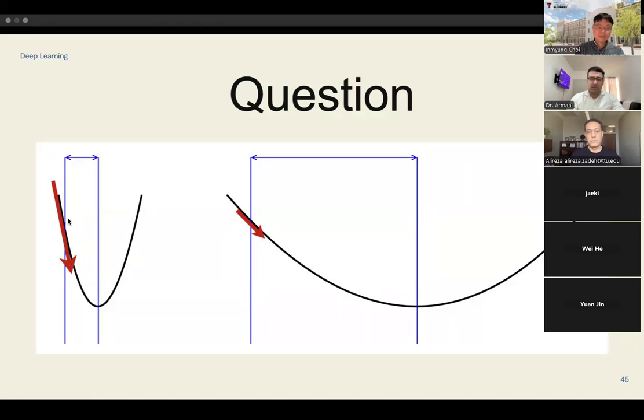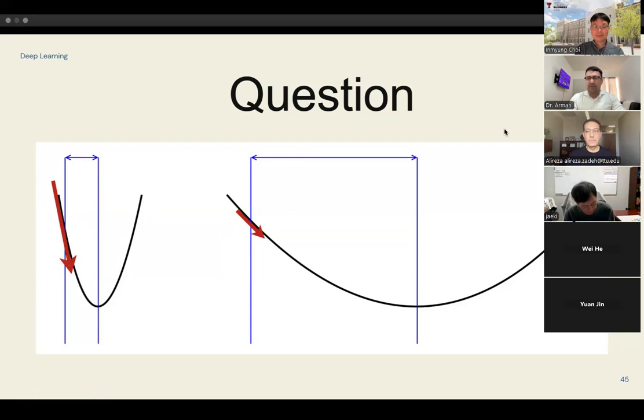On the other hand, it is possible that the partial derivative is large and we are very close to the minimum point. So is it reasonable to adjust proportional to the partial derivative? Any answer? Any suggestion?